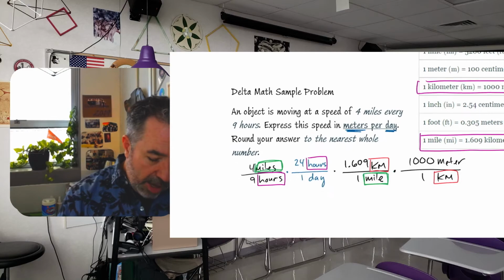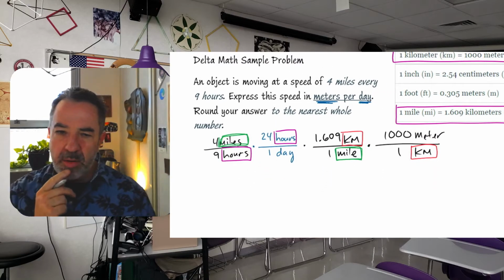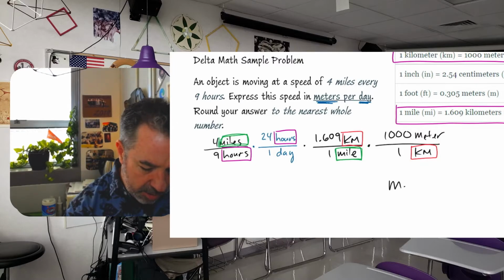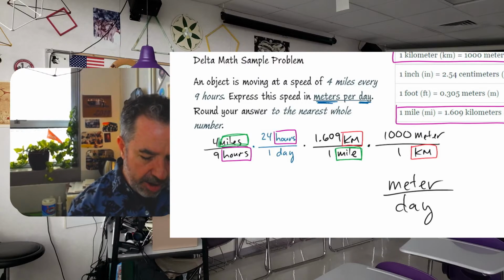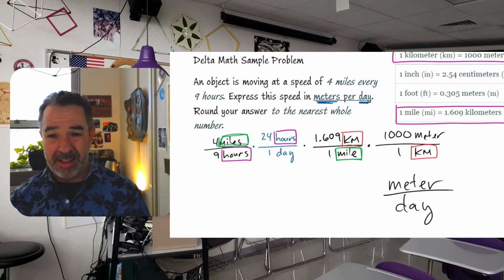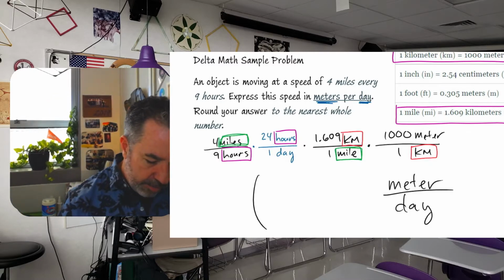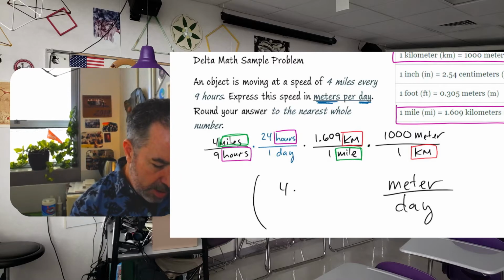If I take a look at it, the only units that remain are meters in the top and then per day in the bottom. So right now my answer is in meters per day, which is exactly what I want. But now I've got to deal with the number. The number part in my numerator is 4 times 24 times 1.609 times 1,000.